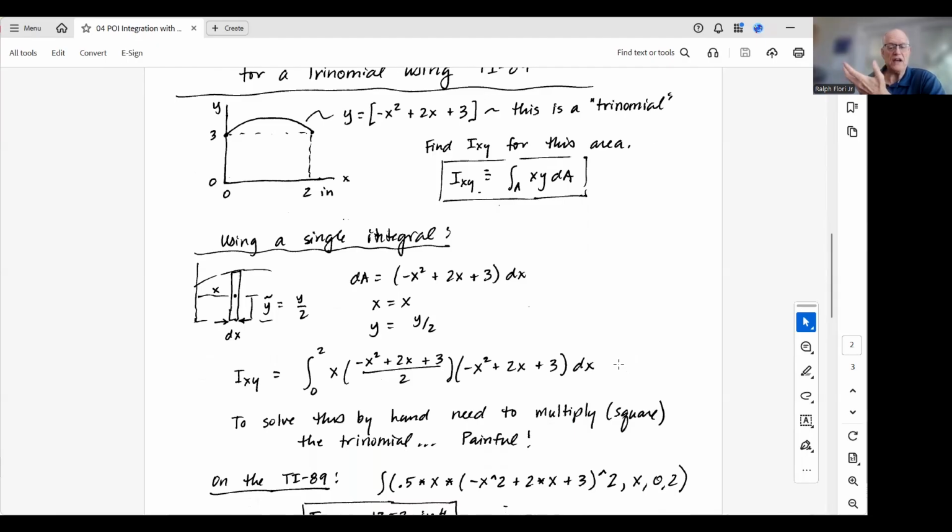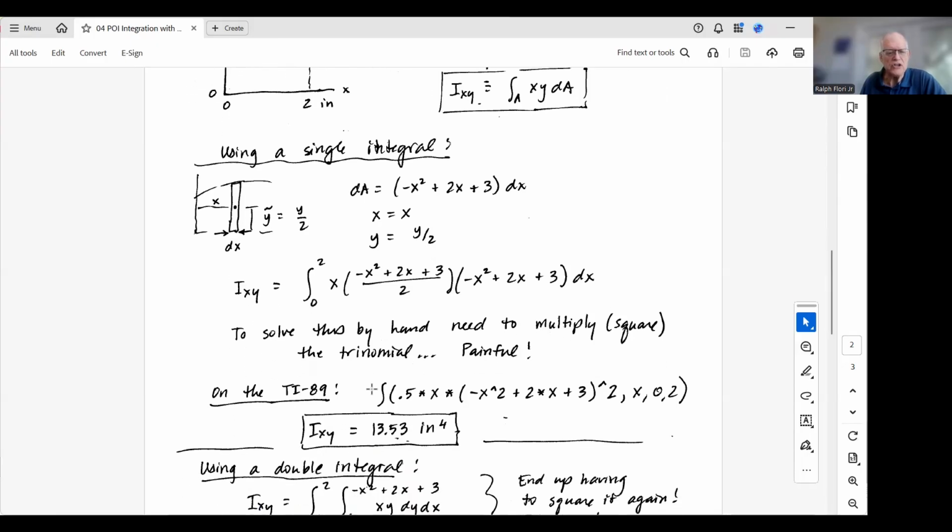So we can set this up, but it's extremely painful to expand this out other than using a calculator to do it. So you're pretty much forced to use a calculator for this particular problem. And again, I think this was on a test, so you need to learn to integrate on your calculator.